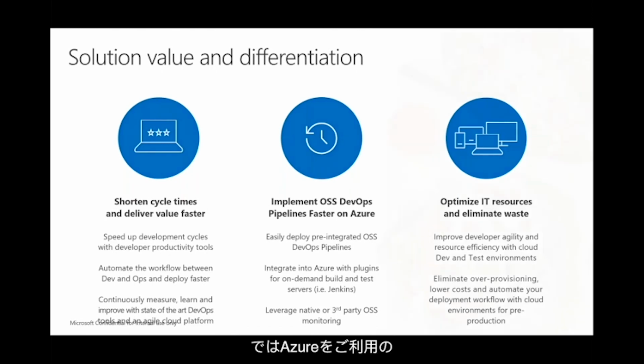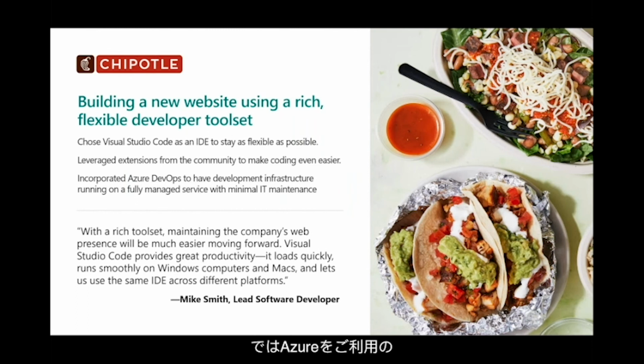So I'll quickly cover a couple of customers who've also been using Azure and some of the tools and resources I just spoke about. Chipotle is a big brand in the US.